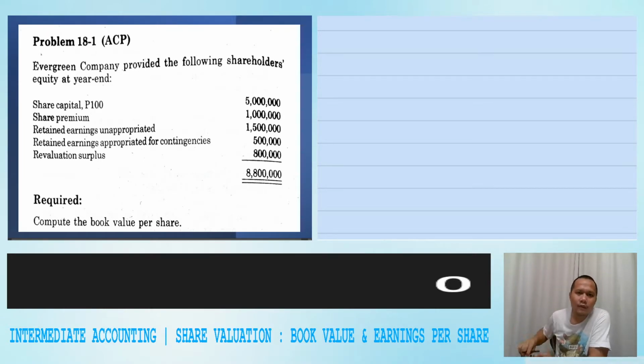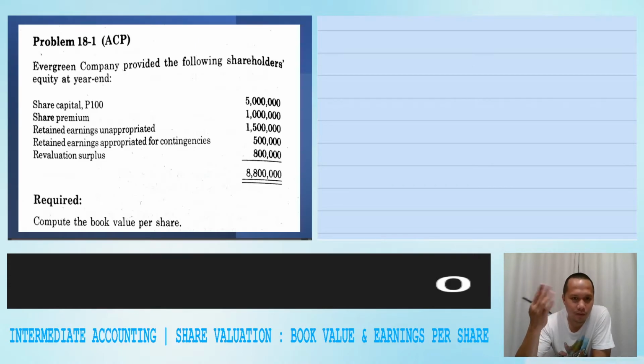So, Evergreen Company provided the following shareholders equity at year-end. So we have share capital, share premium, retained earnings, appropriated, and revaluation surplus. Now, ito yung sinabi natin kanina na if this is the case where there is only one class of stocks, medyo madali lang.